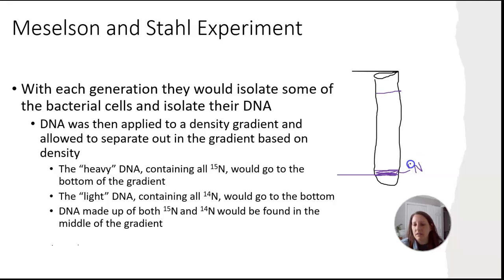Okay. Now, if I wait just a generation, I would expect this to shift up. This band here would represent DNA that's made up of both N14 and N15, heavy and light, some of both, okay?